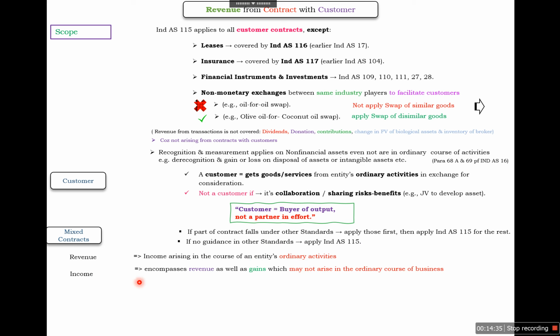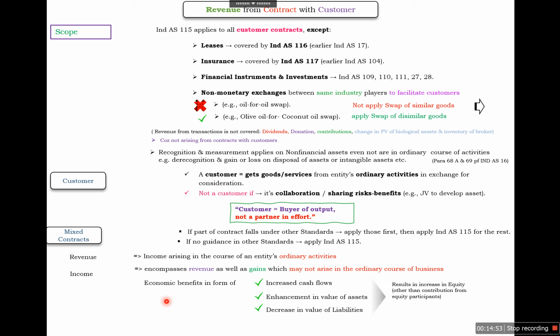But income encompasses revenue as well as gains, which may not arise in the ordinary course of business. For example, economic benefit in the form of increased cash flow, enhanced value of an asset, and decrease in the value of liabilities will be called income.